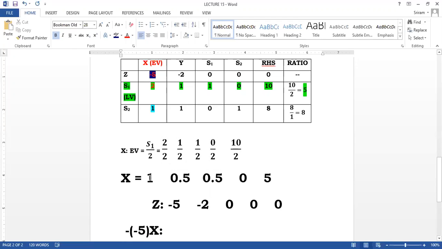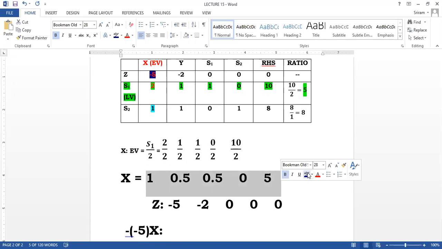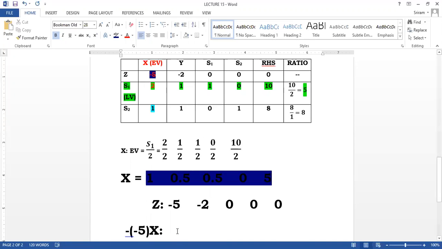So here I am having 1. I am multiplying this here. So 1 multiplied by 5 is 5. 0.5 multiplied by 5 is 2.5. 0.5 multiplied by 5 is 2.5. 0 multiplied by 5 is 0. 5 multiplied by 5 is 25.